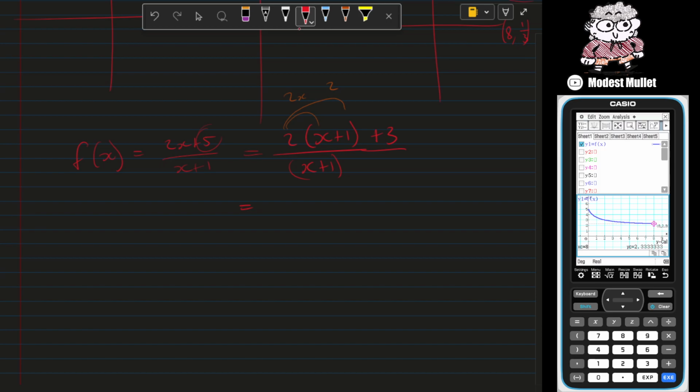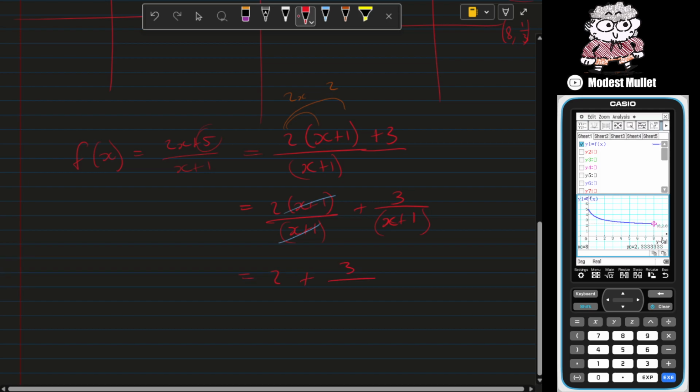And I can rewrite this as 2x plus 1 on x plus 1 plus 3 on x plus 1. I can always split any fraction in the numerator into an addition as long as I keep the denominator the same. That allows me to cancel, which leaves me with 2 plus 3 on x plus 1. So we can read it as 3 on x plus 1, plus 2.